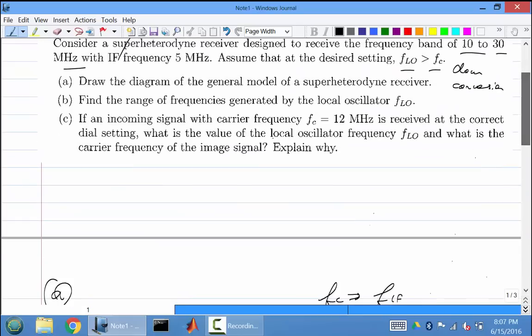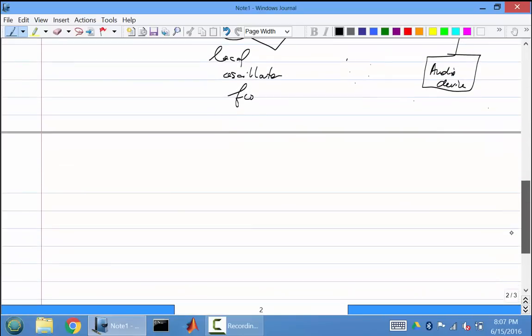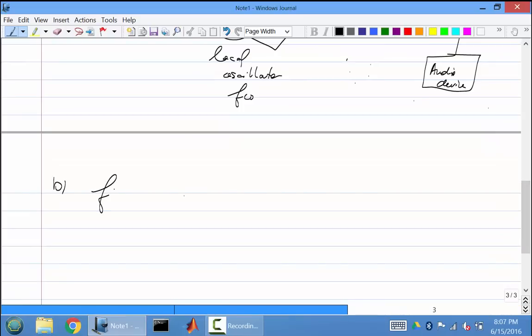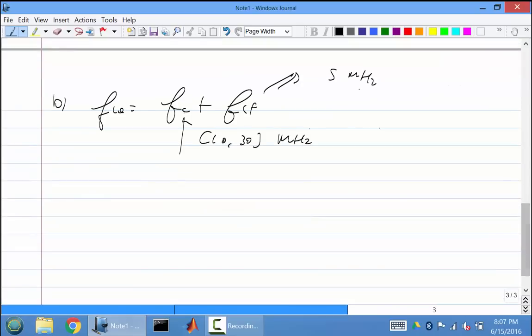Okay. So find the range of frequencies generated by the local oscillator because we're doing down conversion. The local oscillator, if you remember, is simply the carrier plus the intermediate frequency. The intermediate frequency was equal to 5 megahertz, and the carrier ranged between 10 to 30 megahertz. So the range is going to be simply 10 plus 5 and 30 plus 5.